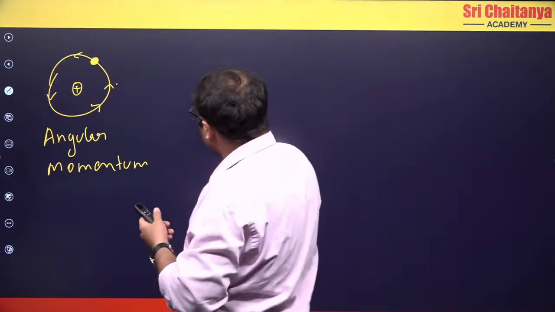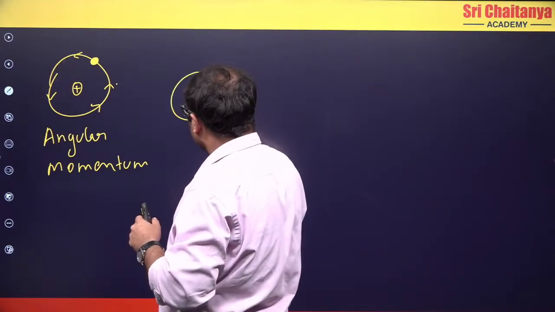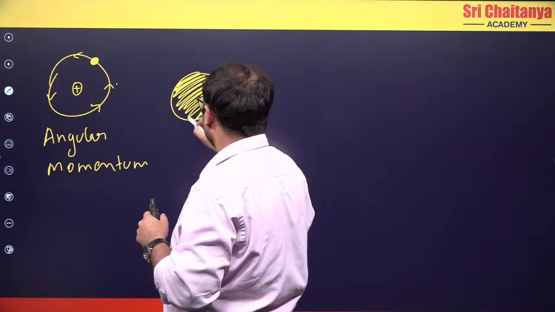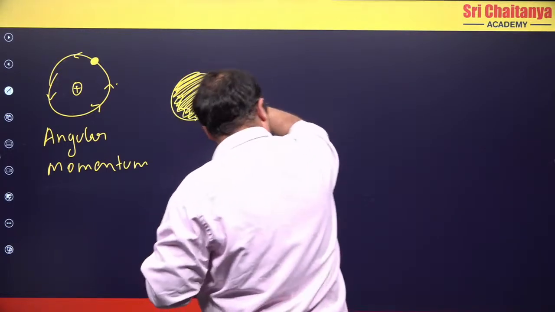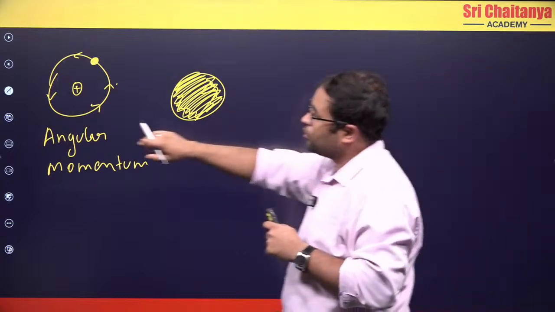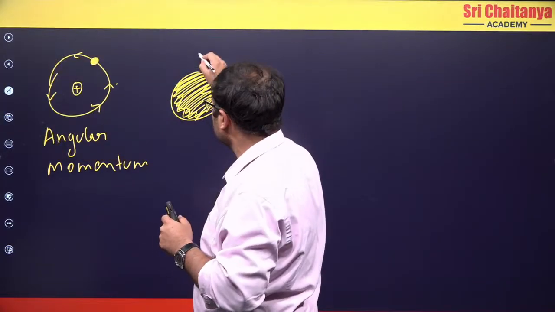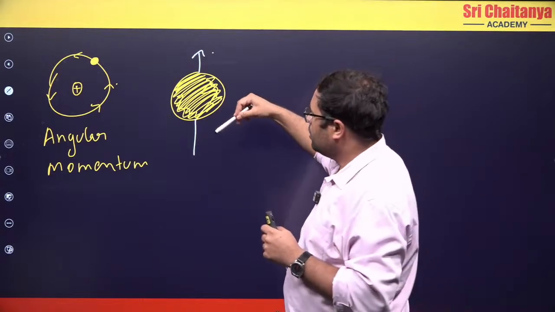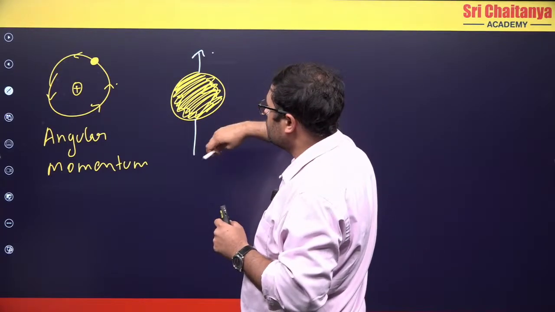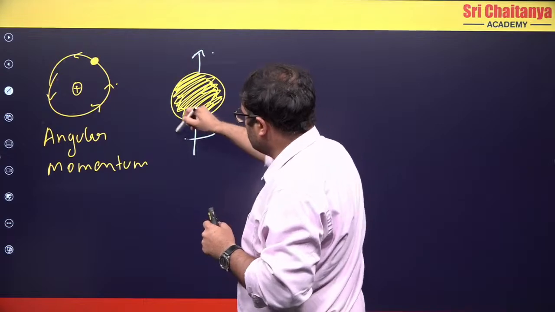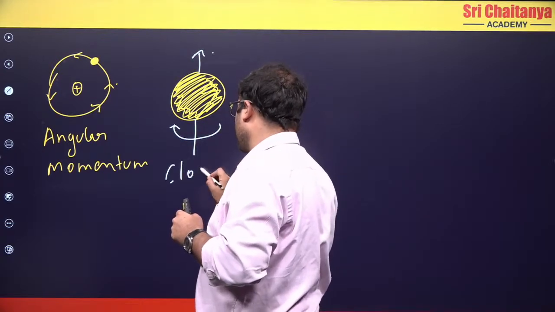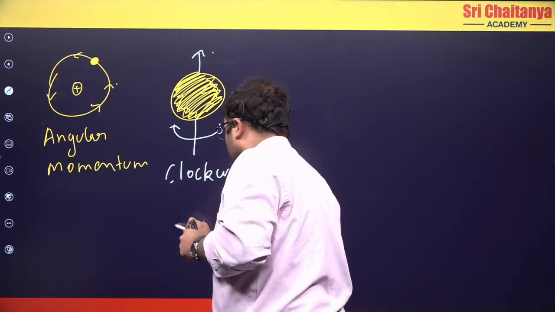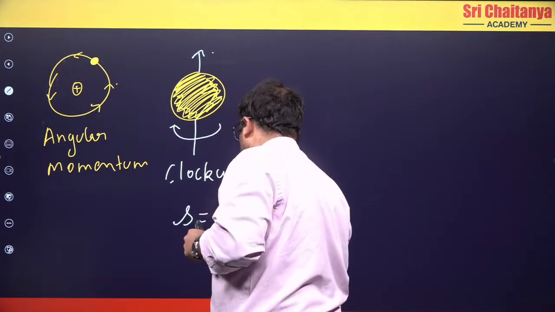So same way, an electron, this is an electron, magnified electron. This also spins on an axis, right? If it spins in a clockwise fashion, then S value is plus half.